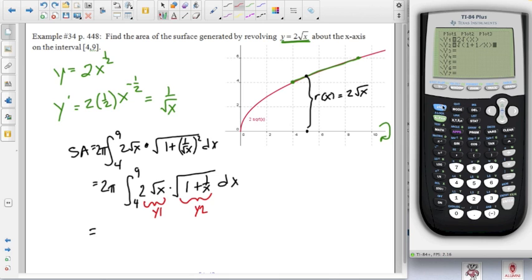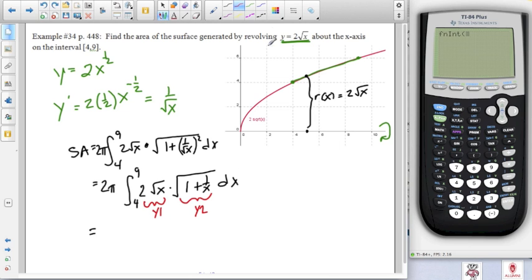And then again, since those are in functions, we can use our vars key to get those functions in the integration expression. So I'm going to go math 9, that's our fnInt. And then in the integral, I've got y1 times y2. So I'm going to put that in my expression over here.